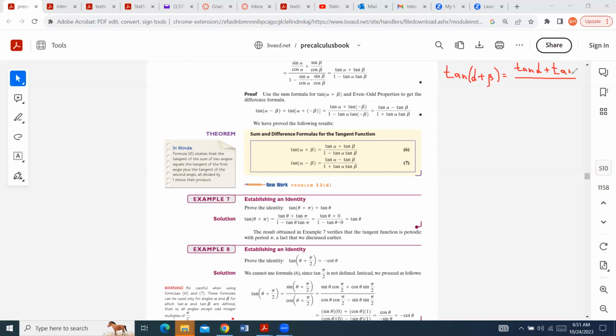So if you have two tangents added and then divided by 1 minus the product of those two tangents, it turns out it's nothing else but the tangent of a sum of these two angles. And looks like it's standard here.